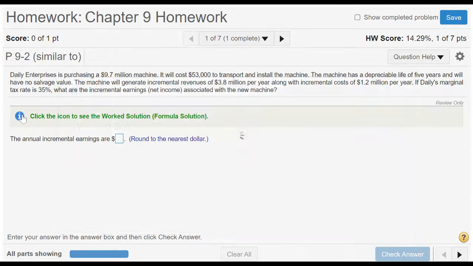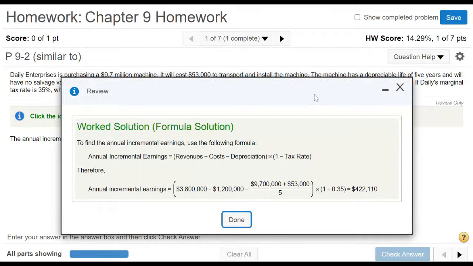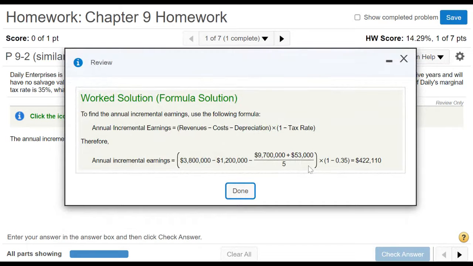It's going to look something like this. So first, 9,700,000 plus 53,000 divided by 5, because you do the order of operations. After you do that, you say 3.8 minus 1.2 minus this.